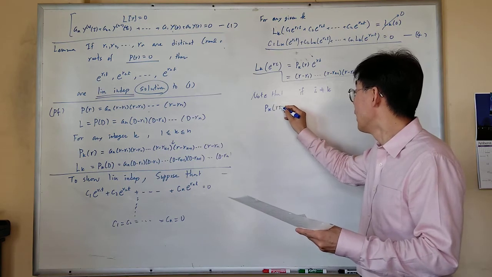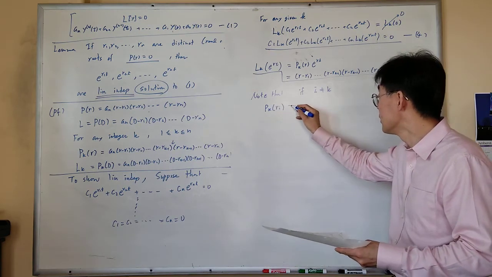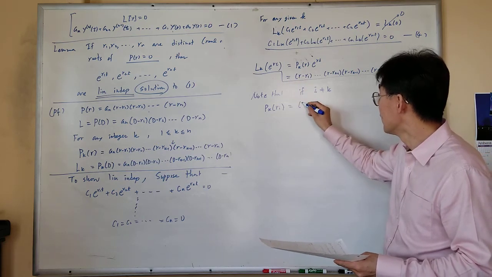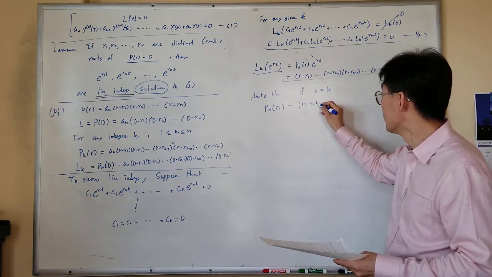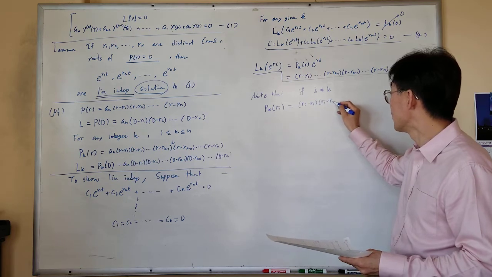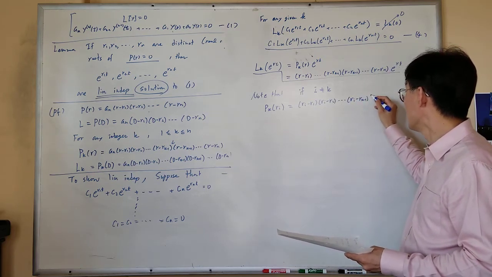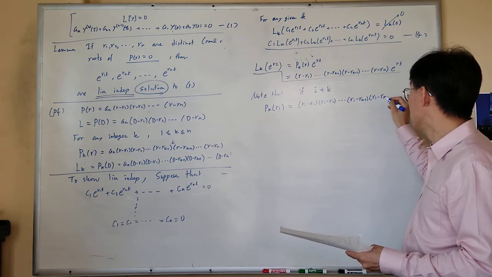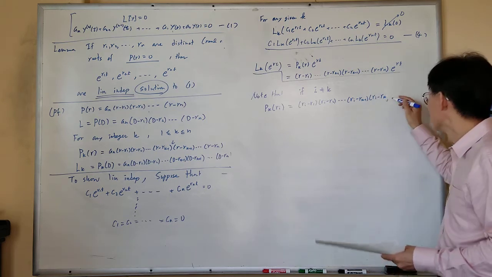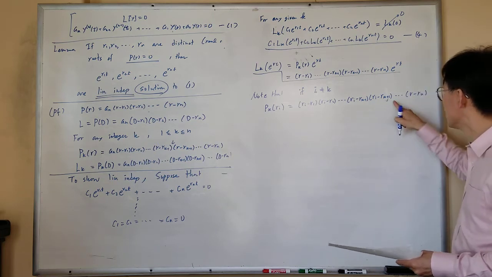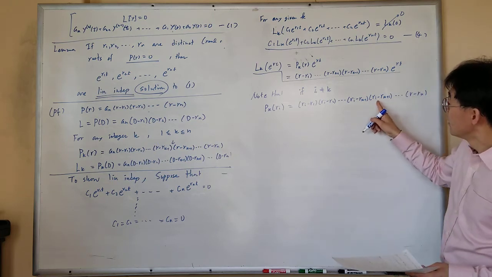P_k of r_i is what? Instead of r, you have to put r_i: (r_i minus r1), (r_i minus r2), ... (r_i minus r_{k-1}), (r_i minus r_{k+1}) and so on.